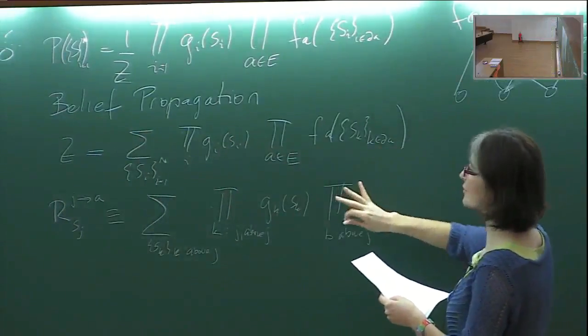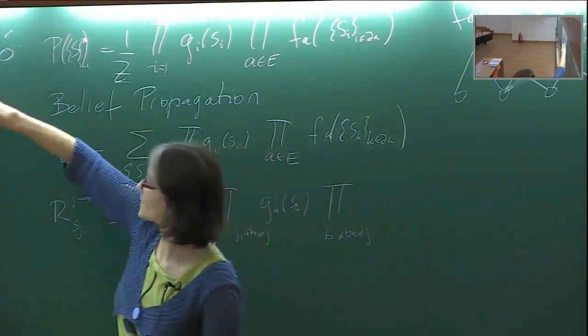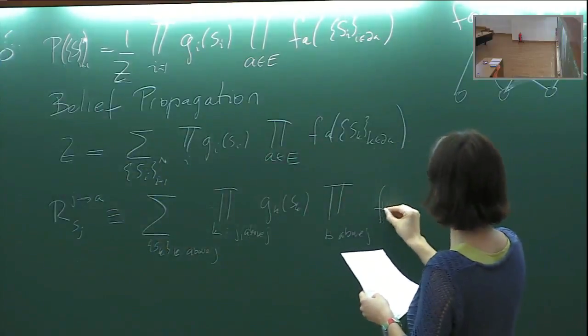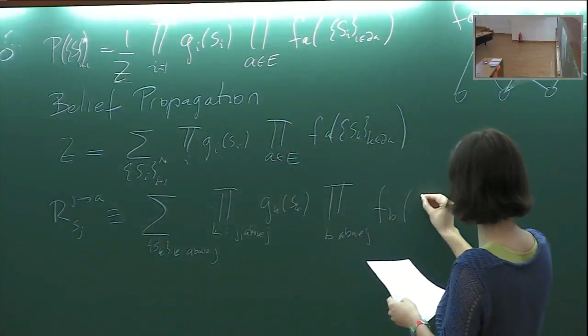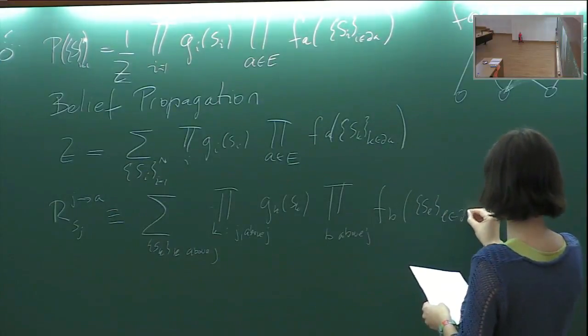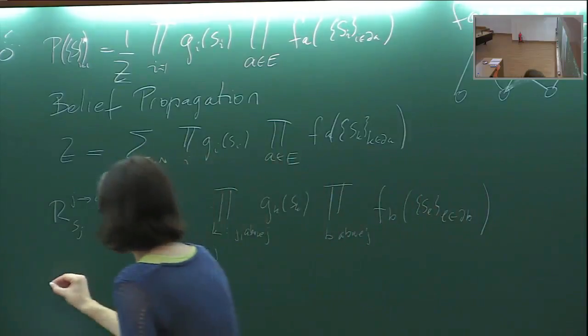Here I just include everything that is in the partition function that in this figure is above J. So product of the same factor, f_b(S_l), where l is still in the neighborhood of b in this case. Okay, so that's one auxiliary variable.